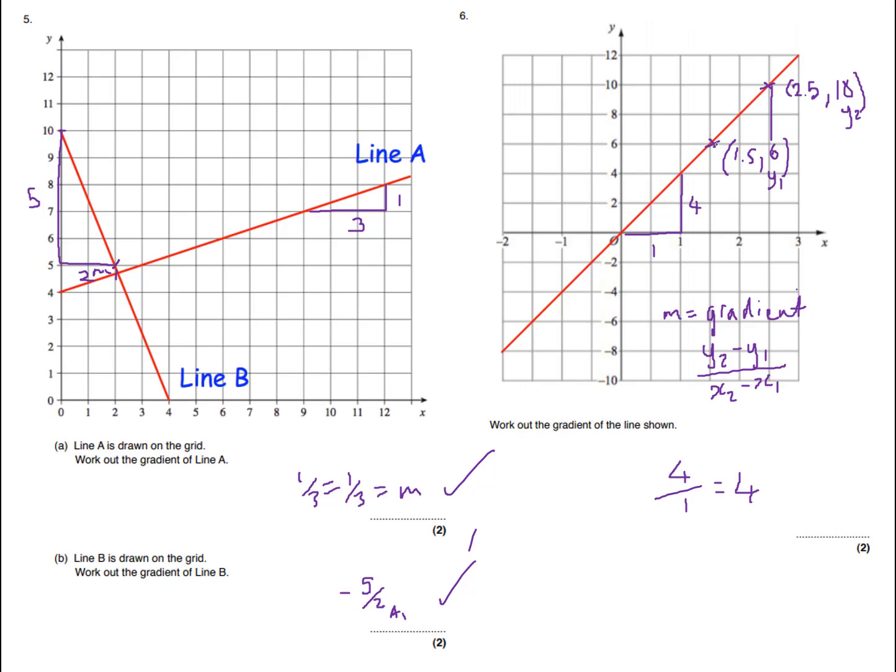And now, if you look at the x coordinate, this is the x2 coordinate, that's the x1 coordinate. And 2.5 minus 1.5 is actually 1, so that equals 4. The gradient of that is 4 using the formula.